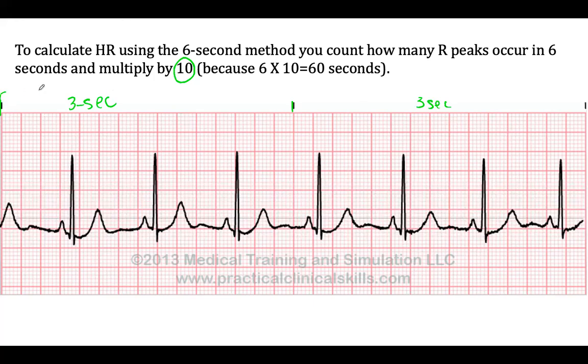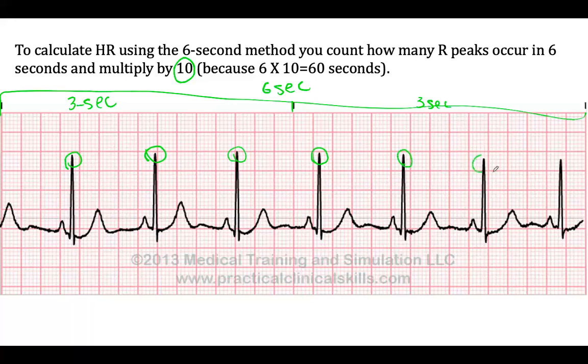So all the way from here to here, sorry, my pen just moved, is a total of 6 seconds, which is what I want. Now again, count the peaks. 1, 2, 3, 4, 5, 6, and 7. So I'll take 7 and multiply that by 10, and that gives me a heartbeat of 70 beats per minute.